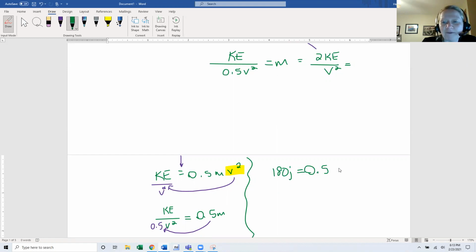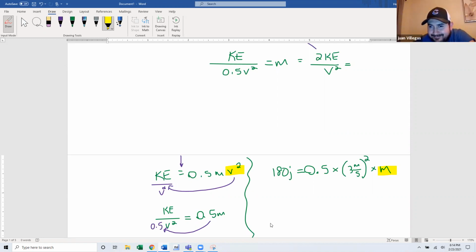So I'm going to move it around a little bit. That'd be 0.5 times my V squared, which was 3 meters per second, times M, right? Instead of moving anything around first, I just plugged in my values first. So the M is the only thing I have left as far as a letter.